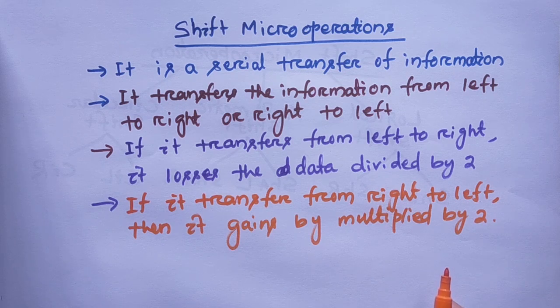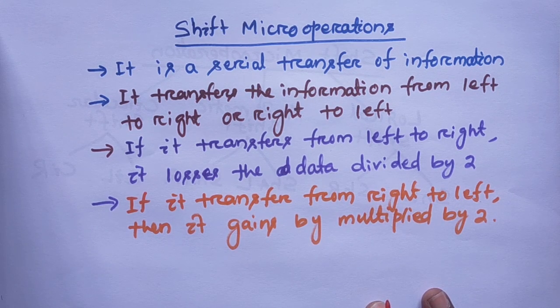For that reason, whenever you lose data, how much data will be lost is important, or if you gain, how much data will be gained. So we will consider these two things whenever we transfer any bit data from left to right or right to left.